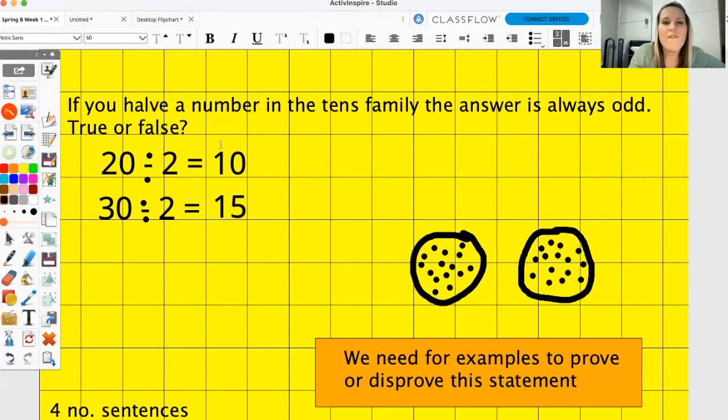Ooh, so my first answer was even because it has a 0 in the 1s column, but my second answer is odd. So I've got two statements to help me here. Let's do another one.